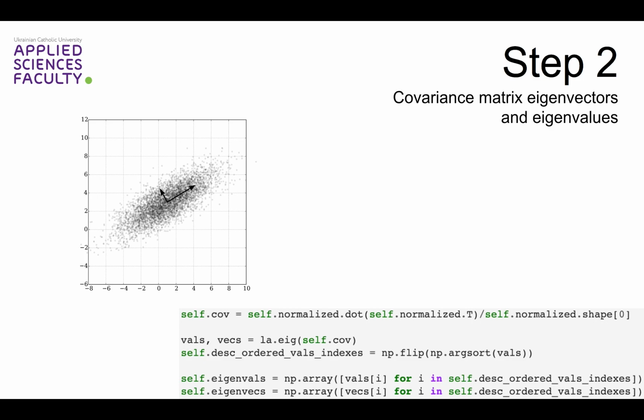Then we need to sort the eigenvalues in descending order. Thus, the eigenvalues with bigger value will be at the start of the array, and the corresponding vectors to these eigenvalues will contain the most variance.